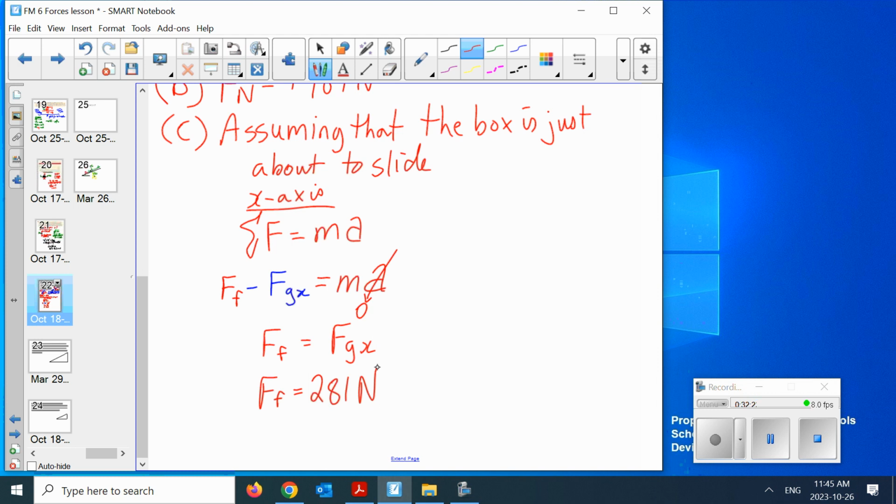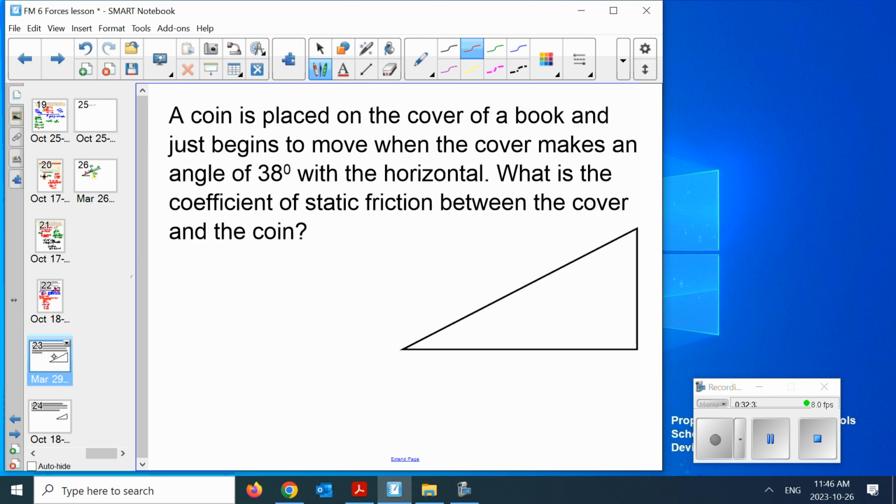I'm going to have the same problem with different objects right away. I'm going to get you started on it. It's the same problem. Use this as a guide. So, a coin is placed on the cover of a book, and I don't have a coin right now. Usually I do, whatever. When the cover makes an angle of 38 degrees, it just starts to slide.